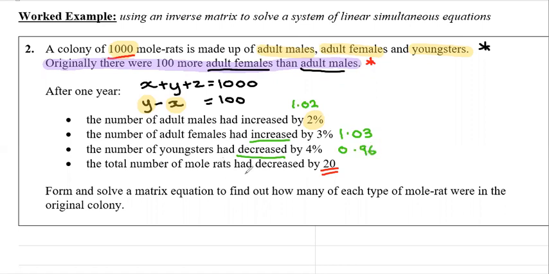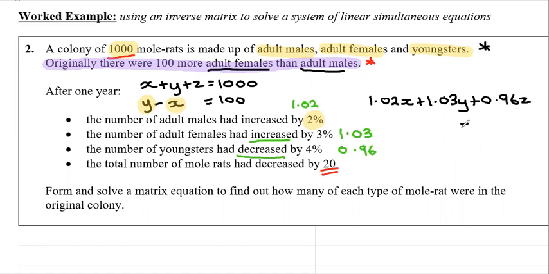The total number of mole rats has decreased by 20. So that means that if I find the sum of all these three, we're going to have 1.02, which is my 2% increase of the males, plus the 1.03 increase in the females, plus the slight decrease in the number of youngsters.